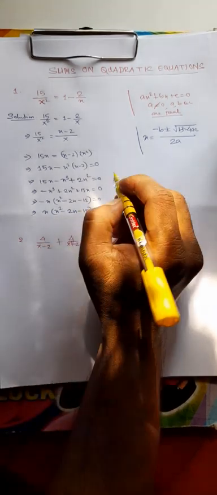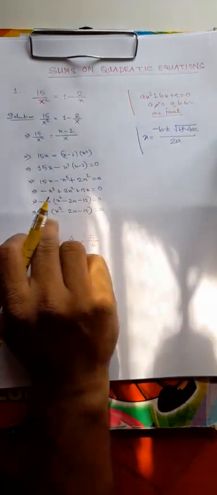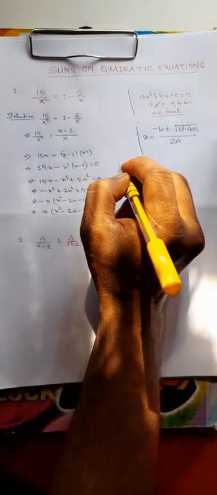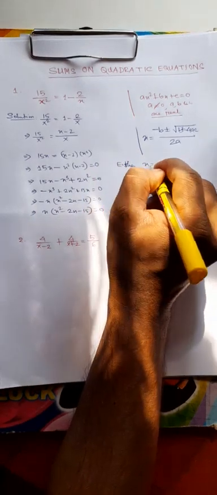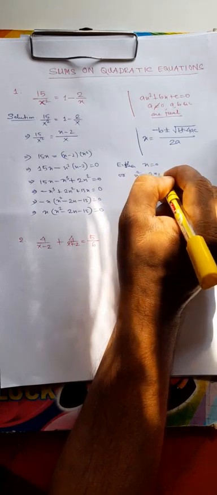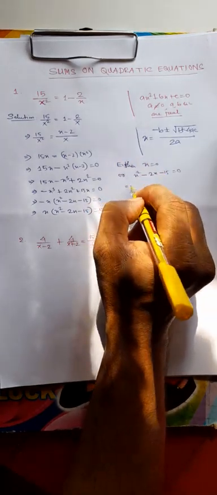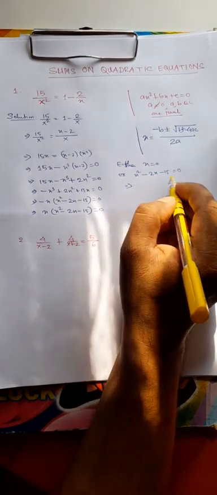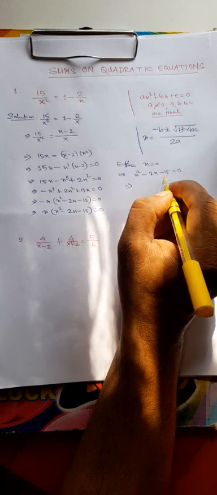Now you find that product of two polynomials is 0. So either x equal to 0 or x square minus twice x minus 15 equal to 0. Now if you do middle term splitting here, you will find that 5 threes are 15, 5 minus 3 equal to 2.